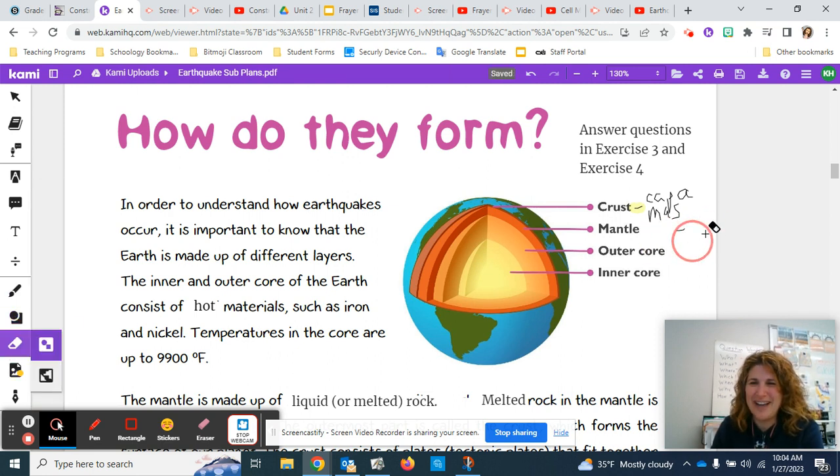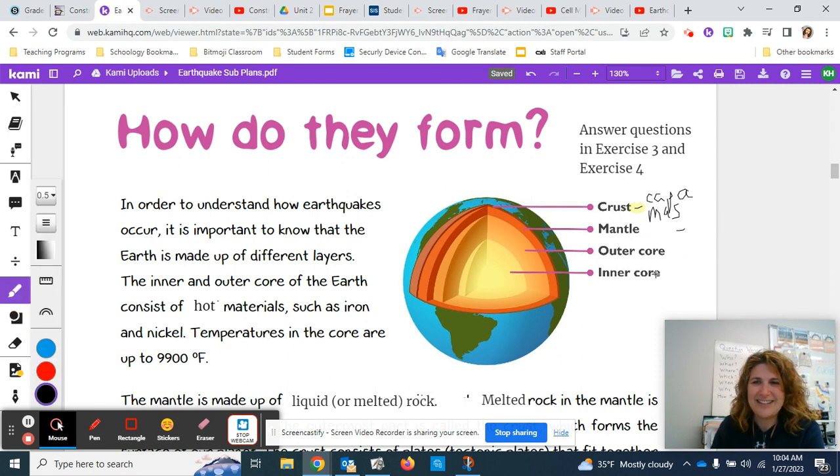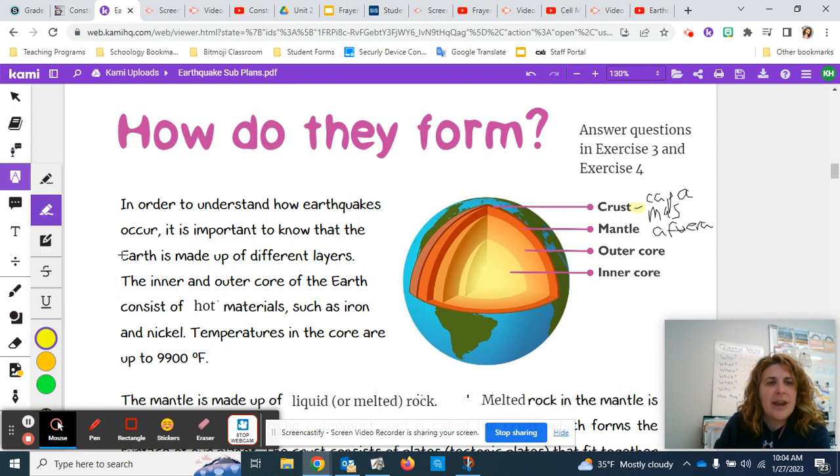La capa que está más afuera. Es la superficie de la tierra. Más afuera. Okay. The mantle is the layer that is a liquid underneath Earth, the outer core, and then the inner core. So you need to understand in paragraph 1 that Earth is made up of different layers.